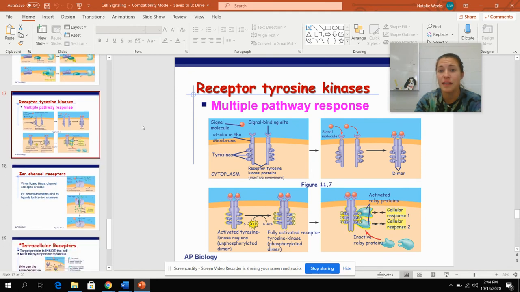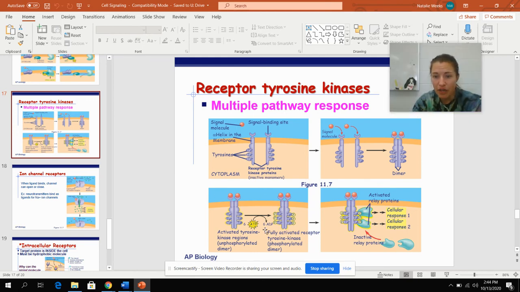Whereas the difference with a tyrosine kinase receptor is that here we have a single signal molecule and a binding site on top of our tyrosines. These will come together into a dimer. So when we have two of them, it's like Wonder Twin powers. They get their ligands, they connect and become activated.